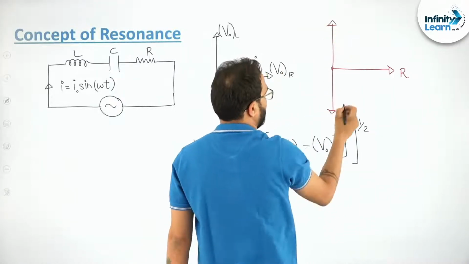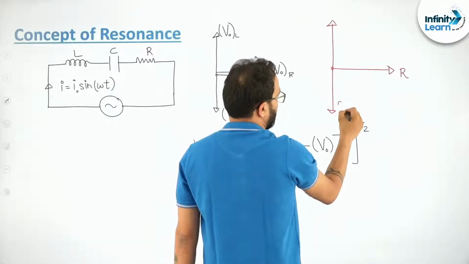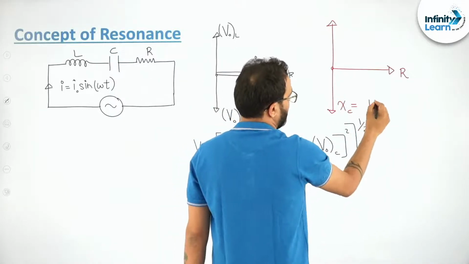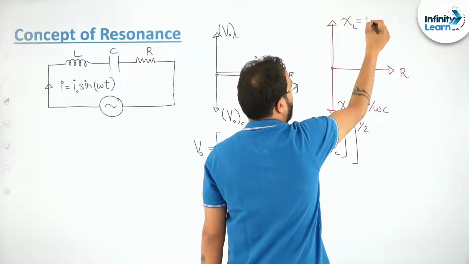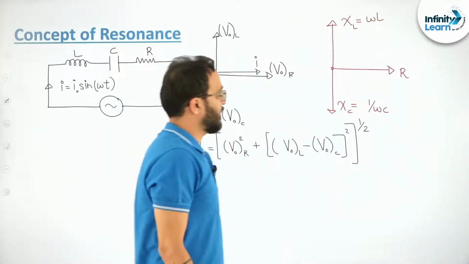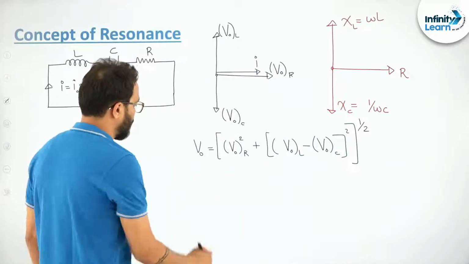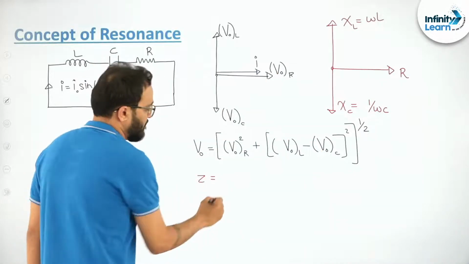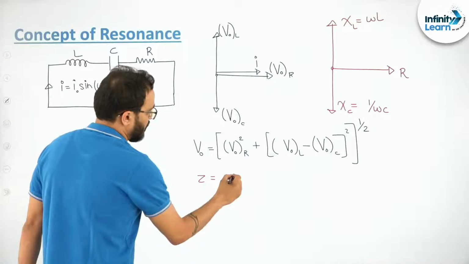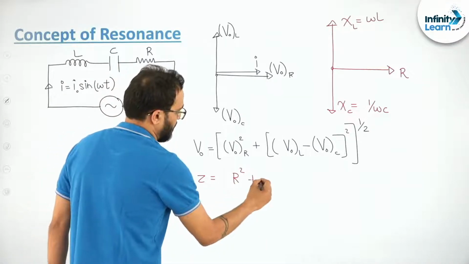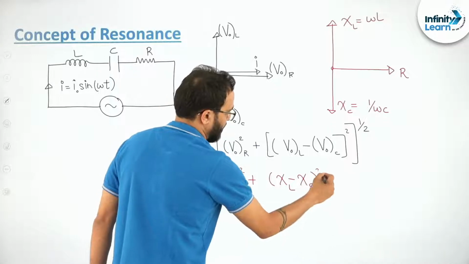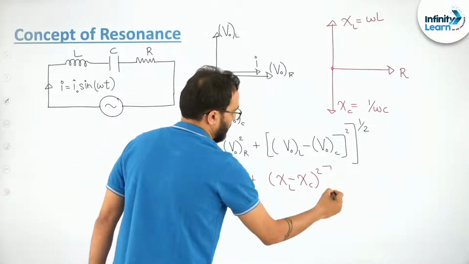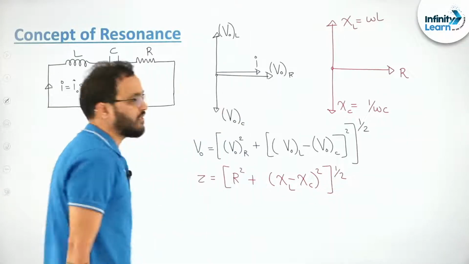This is XC, everybody knows it is 1 by omega C, and this is XL, everybody knows it is omega L. After solving this phasor, we used to get the overall value of the impedance in the circuit, which is the square root of R square plus XL minus XC whole square. So we knew these things already.